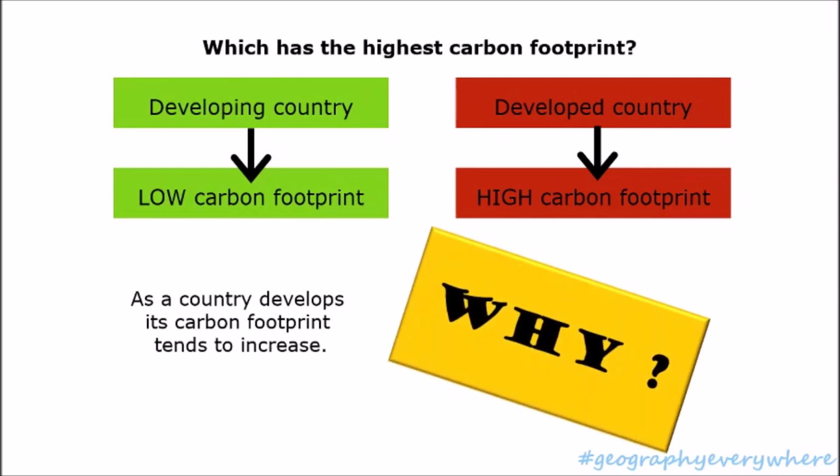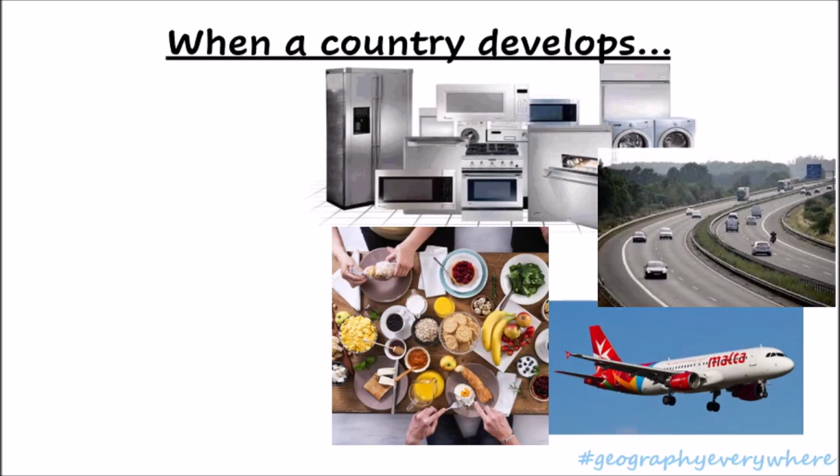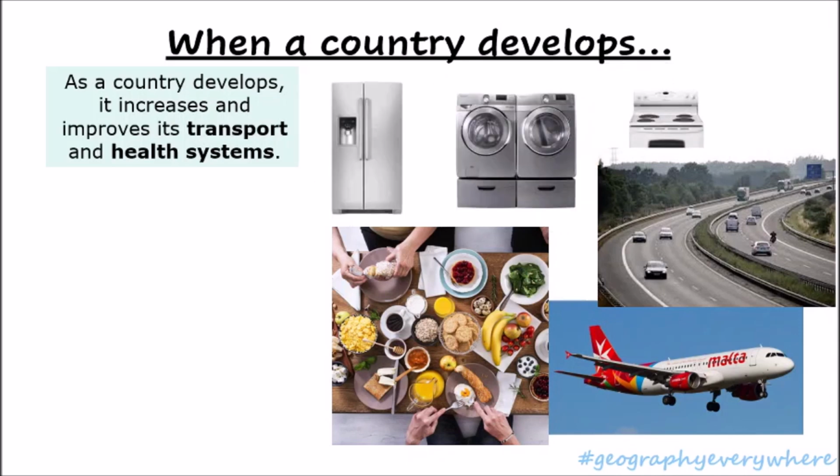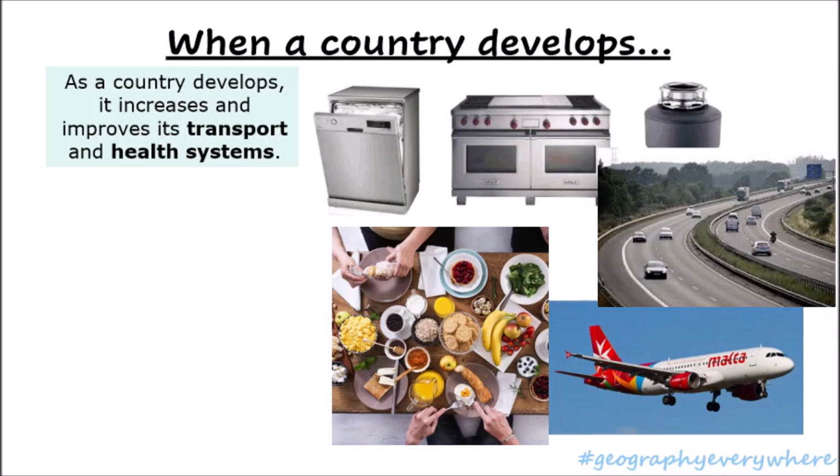Why does this happen? Why do you think a country like America has a higher carbon footprint than Brazil or Nepal? Think about it. When a country develops, usually it increases and improves its transport, which means more planes, better roads. Since there are better roads, there's even more cars on the road because people might have a better pay.